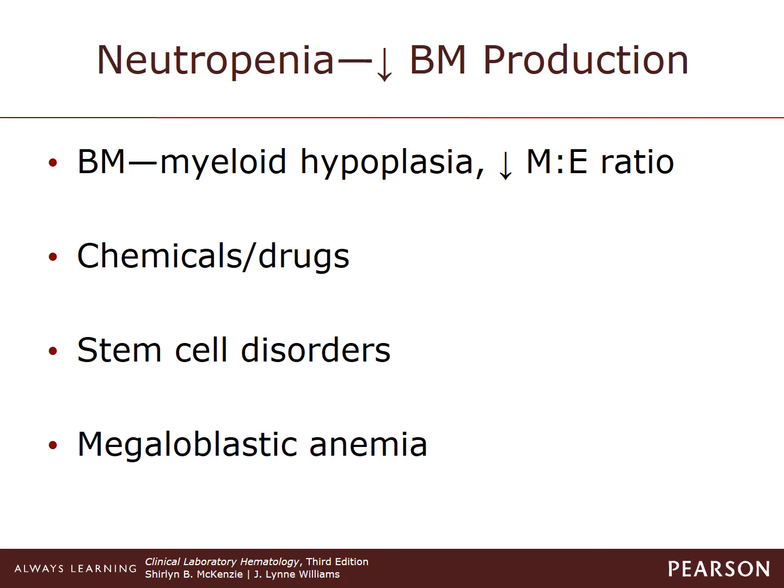Now, we also talked about some stem cell disorders last semester, such as aplastic anemia, that also leads to a decrease in white cells. And we talked about megaloblastic anemia as a condition with abnormal defects in the red cells, but it also affects the nucleus of the white blood cells as well, and the body will not recognize these cells as normal and will destroy them.